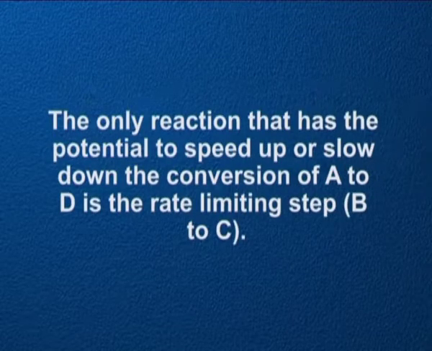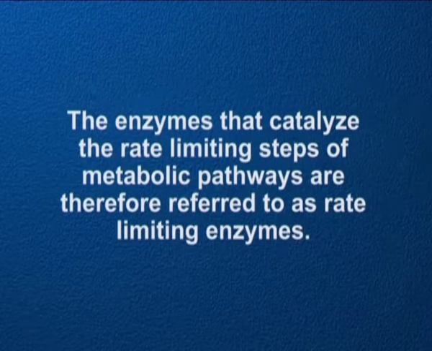The only reaction that has the potential to speed up or slow down the conversion of A to D is the rate limiting step, that is B to C. The enzymes that catalyze the rate limiting steps of metabolic pathways are therefore referred to as rate limiting enzymes.